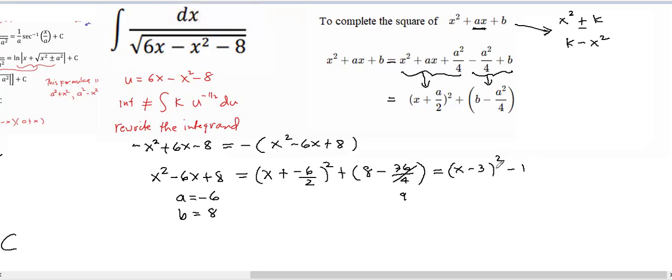Ako, I always check if this is the same with this one. So, expand nyo. X squared minus 6x plus 9 minus 1. So, x squared minus 6x plus 8. So, this is really the same with this.